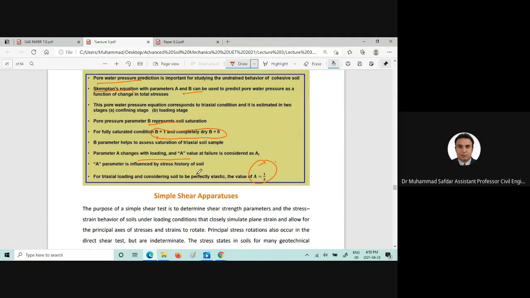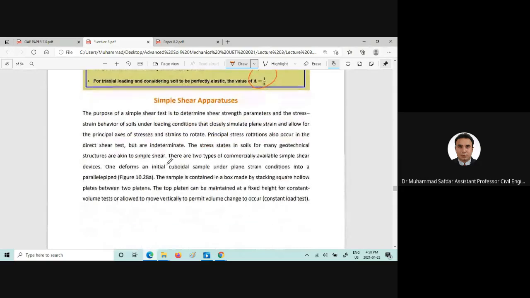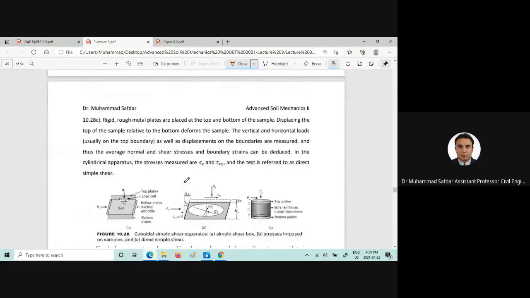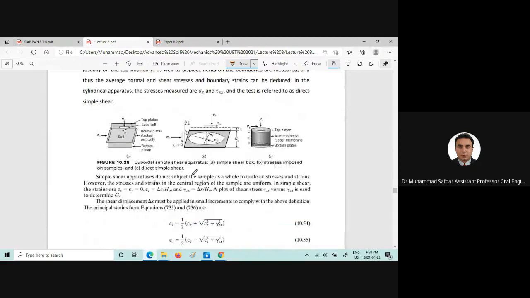Now there are other apparatuses, for example, simple shear apparatuses, which we discussed in more detail in our introductory class, because the text was mainly focusing on simple shear. We discussed the stacked rings.